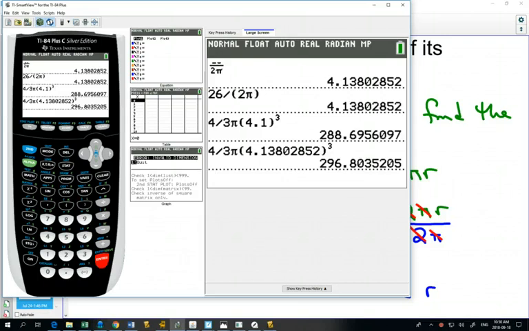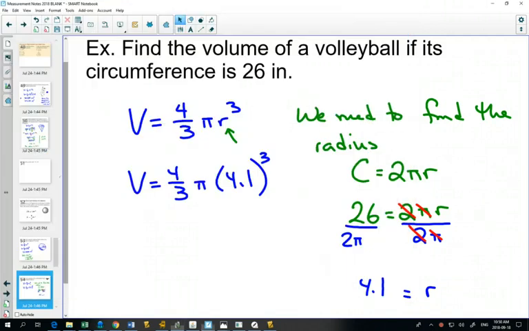Quite a bit. So in this example, if you wrote your final answer as 289, because you rounded early, your final answer would be off by 8 because the actual answer is 296.8. And only when you get to your final answer do you round it.